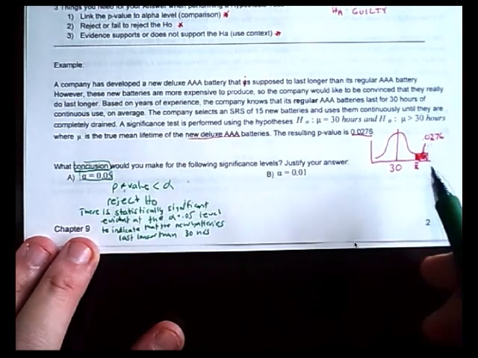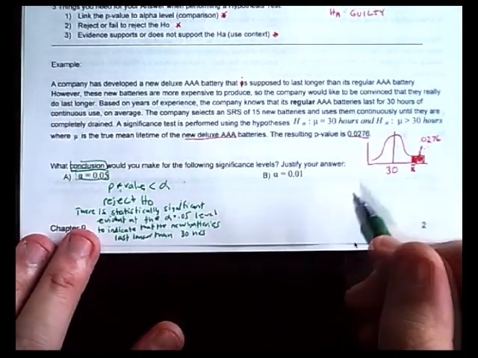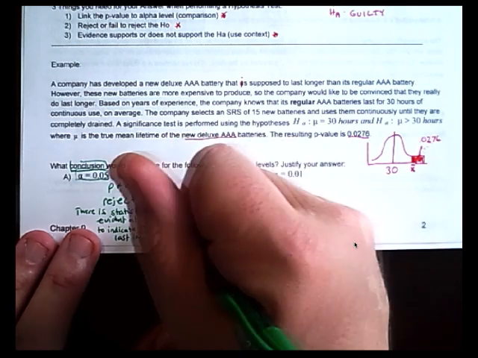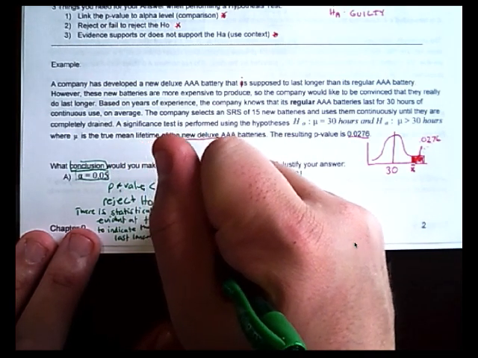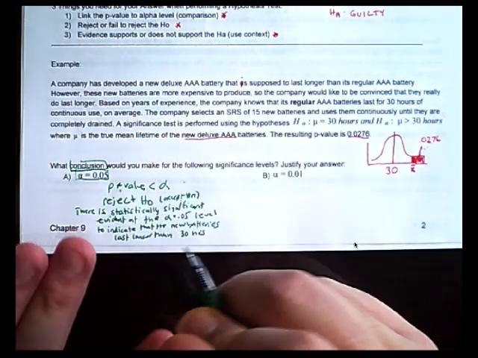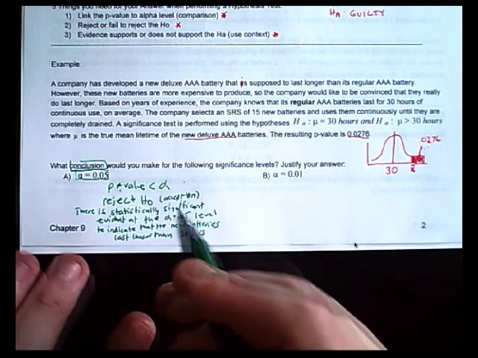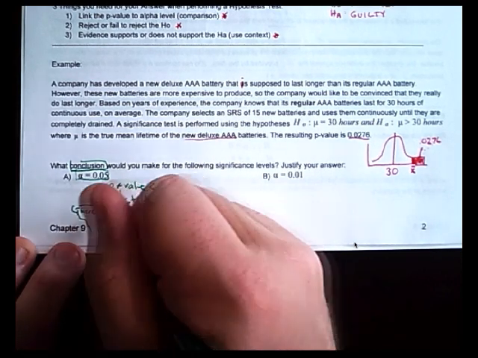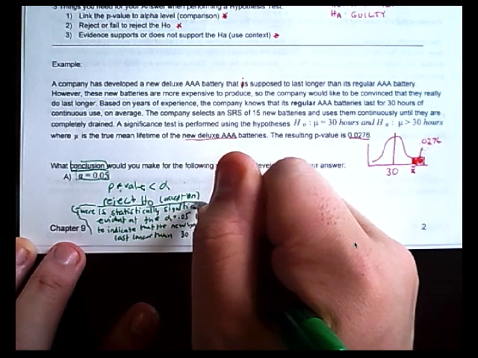So basically, when I reject the null, I'm accepting the alternative, but I never actually use the word accept. I'd put it back in context, but never actually say that you accept HA.